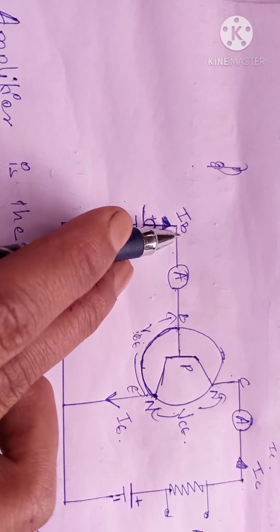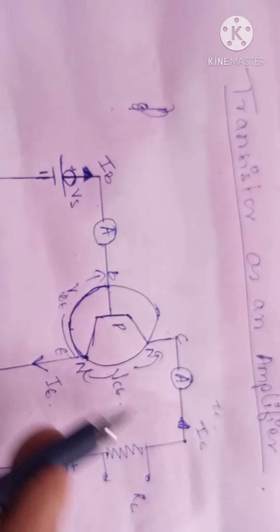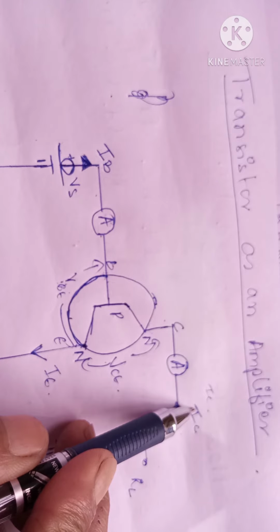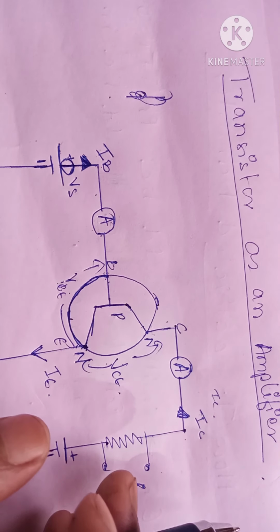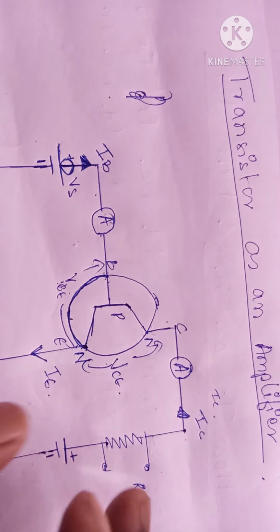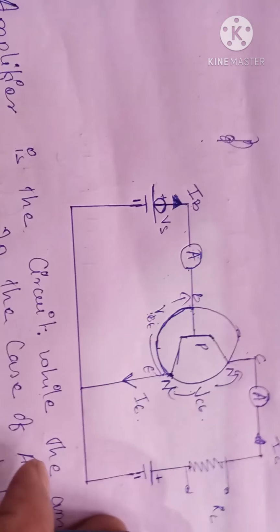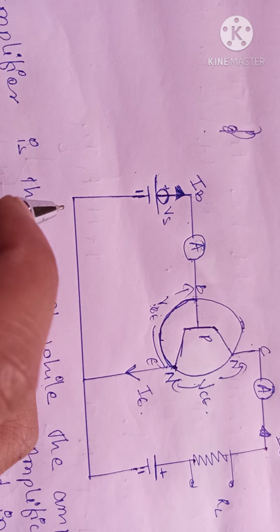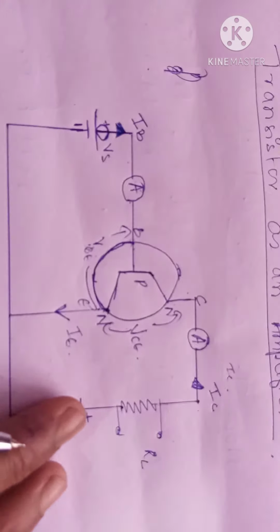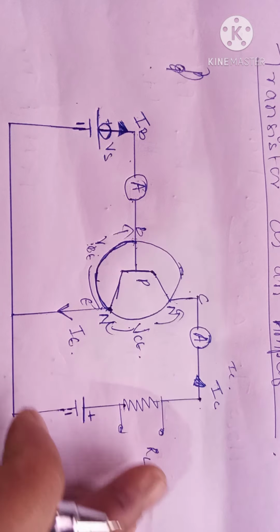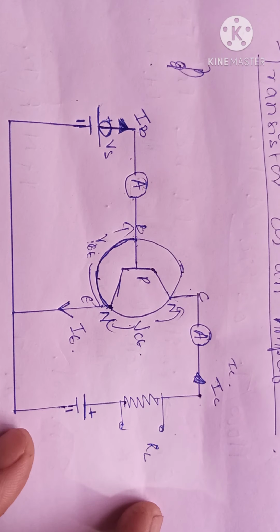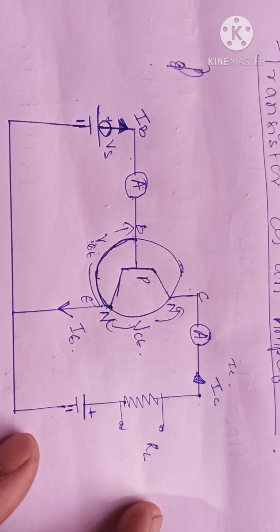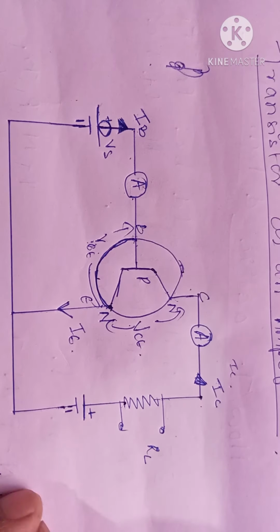When base current IB changes, IC is also going to change. This change is about milliamperes. Ultimately the current increases, so the voltage drop also increases. So we get the amplified signal on the output side.